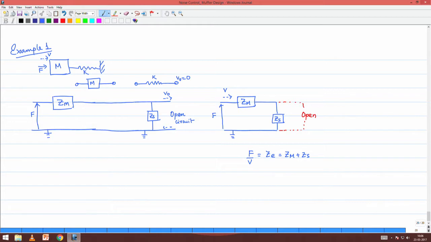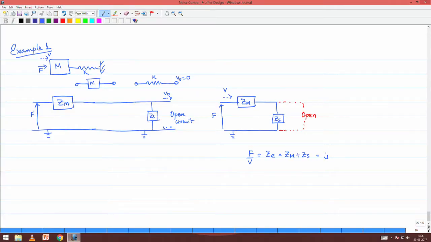So, F by V, that is the ratio of the force and velocity of the mass at its input end, is going to be Zm plus Zs, which by definition is again j times omega m minus k by omega, right.